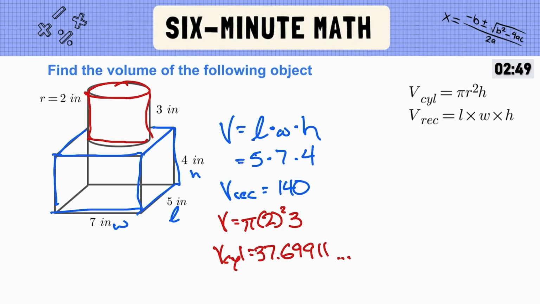And then to find my total volume, I simply add my rectangle plus my cylinder. So I would have a total volume of 177.7 cubic inches.